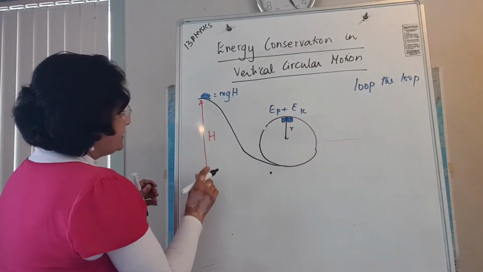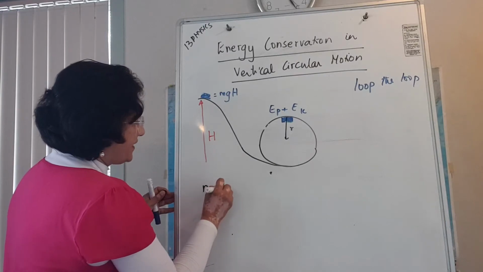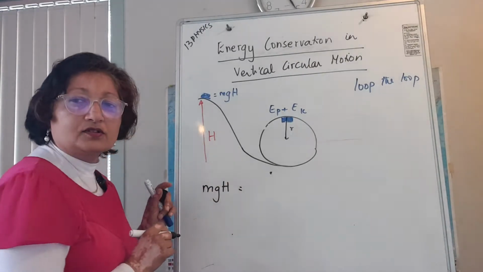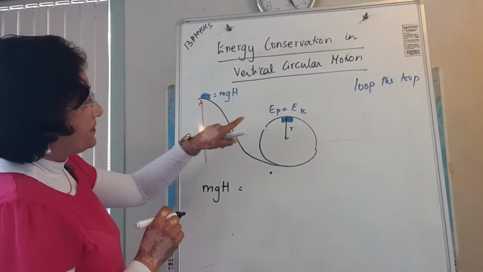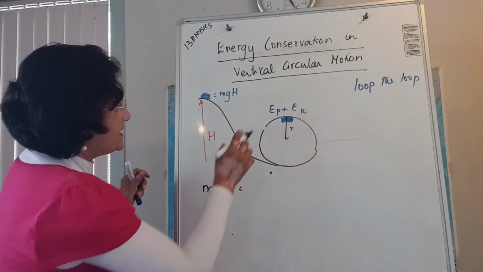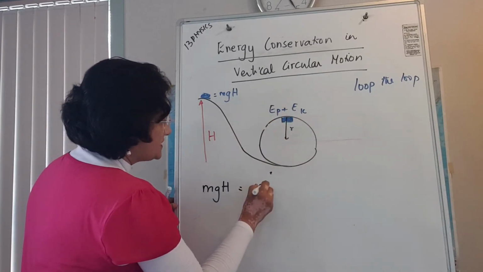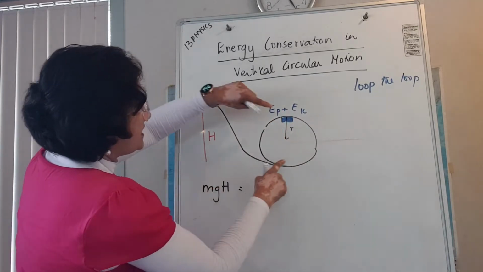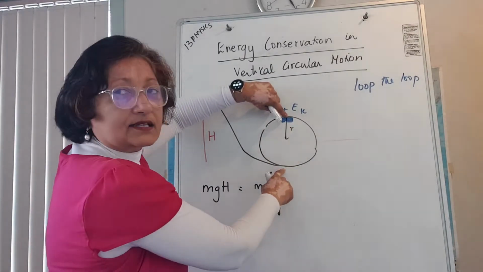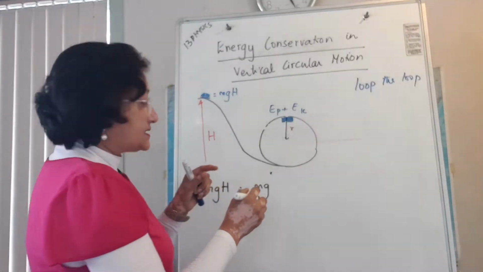At the top here, all the energy is gravitational potential, which is equal to mgH, and all that energy is converted to these two forms over here. And over here, the gravitational potential energy is mg times the height, which is not as high. You're okay if I say this height is twice the radius, because that's your radius plus another radius gives you the diameter.